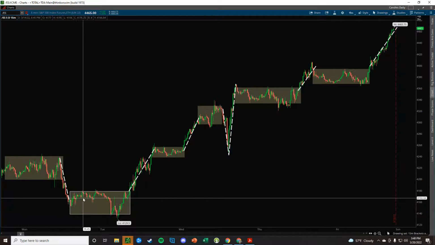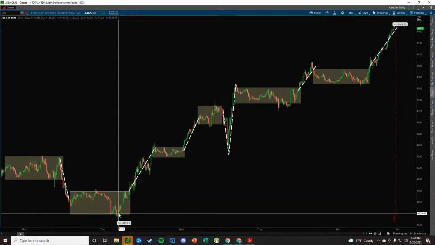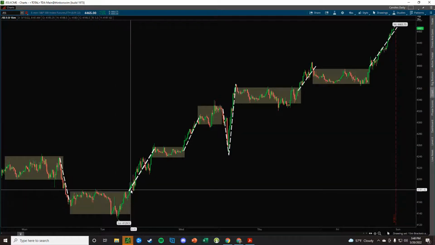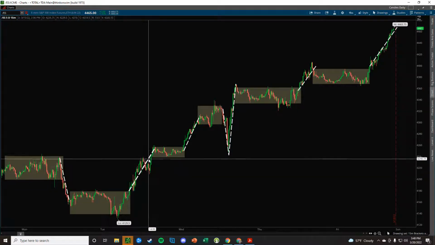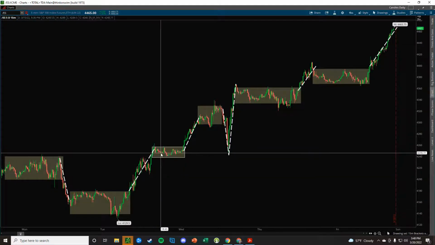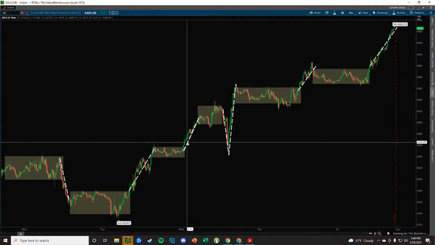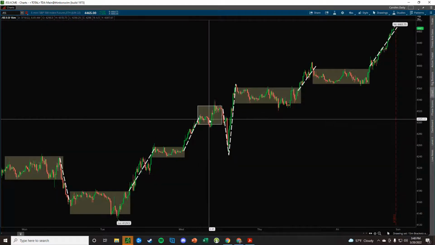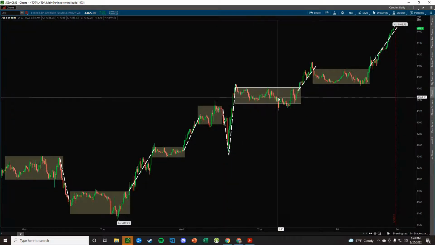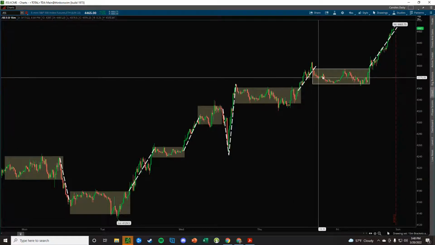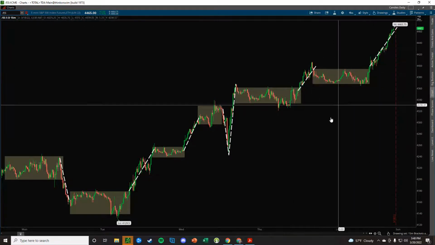And then we have another bracket. We test the lows, we test the highs, we break out of the bracket, we confirm, and we start a new trend. Bracket, break, confirm, continue. Bracket, test, break, reverse, bracket, break, continue, bracket, break, continue.